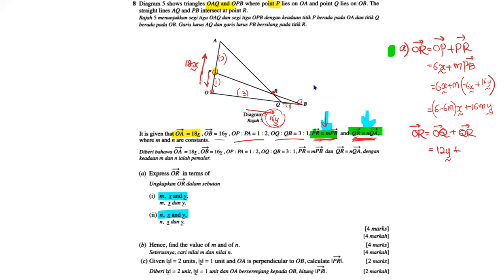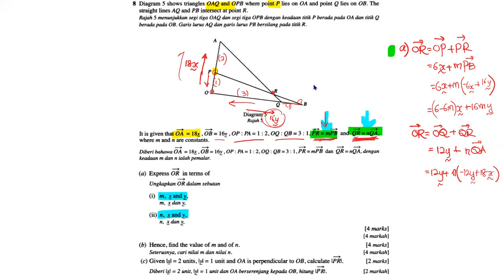And then QR, you have to use this information, and QA. And what is QA? Q go to A is negative 12y, positive 18x.